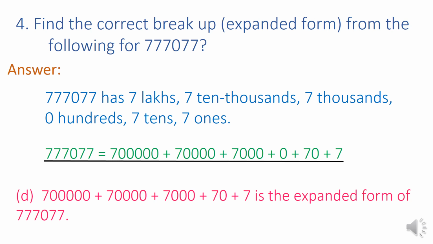So the option D, 7 lakh plus 70,000 plus 7,000 plus 70 plus 7 is the correct expanded form of 7,77,077. Now we are going to the next question.